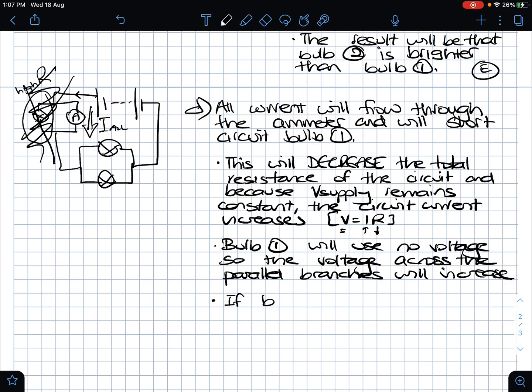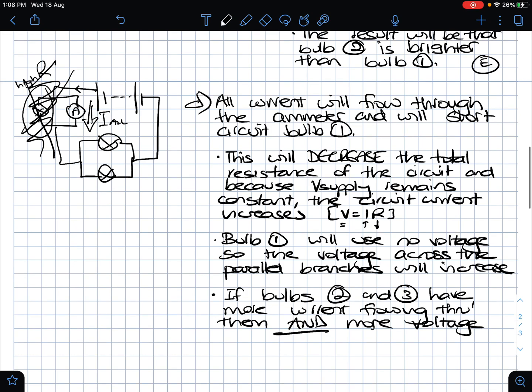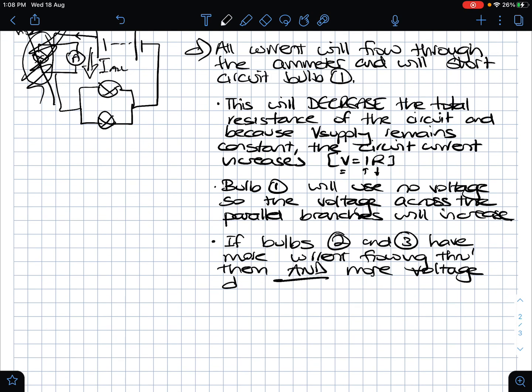If bulbs 2 and 3 have more current flowing through them, and more voltage. Remember, voltage is energy, so I'm going to say more voltage dropped across them.